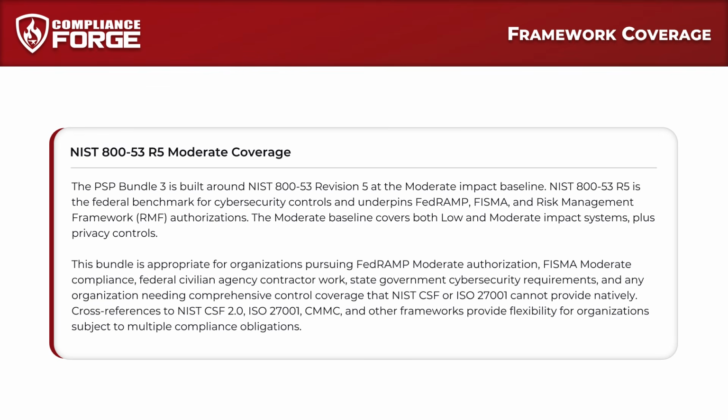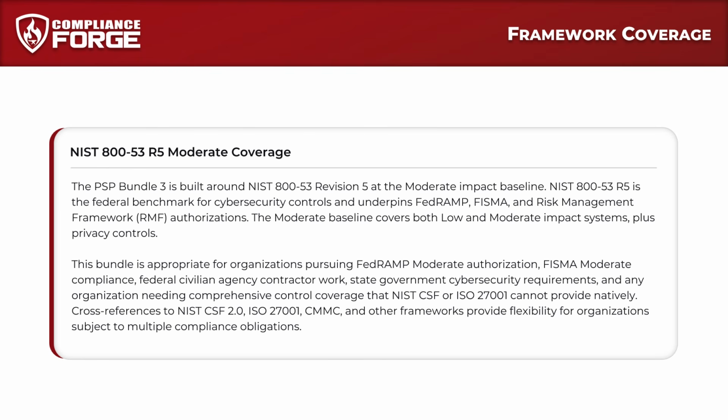There are more reasons to buy. The PSP Bundle 3 is built around NIST 853 Revision 5 at the moderate impact baseline. NIST 853 is the federal benchmark for cybersecurity controls, and it underpins FedRAMP, FISMA, and risk management framework authorizations. The moderate baseline covers both low and moderate impact systems, plus privacy controls.